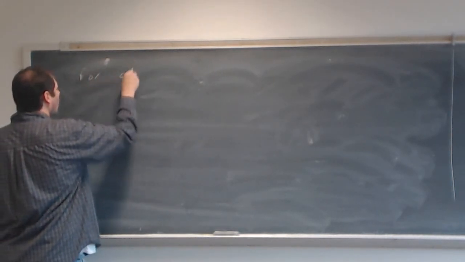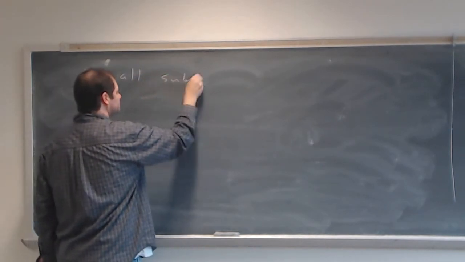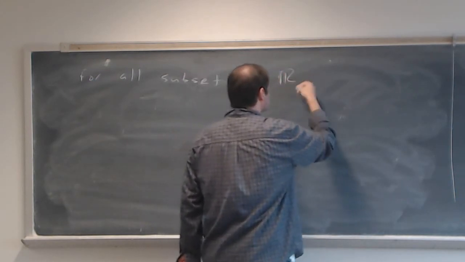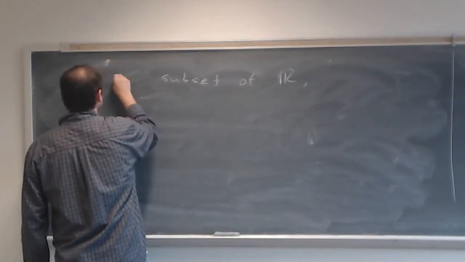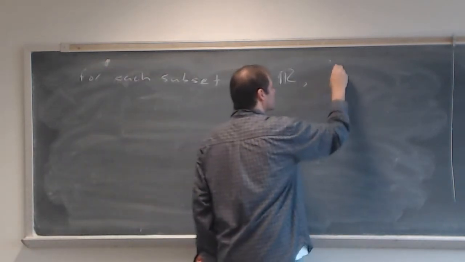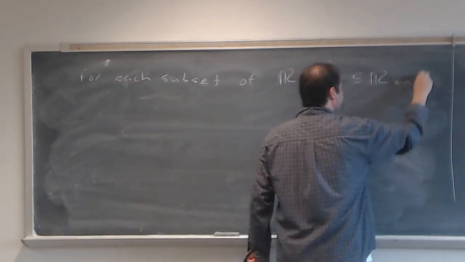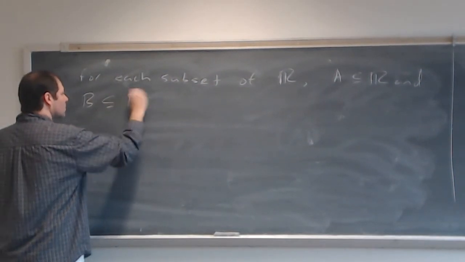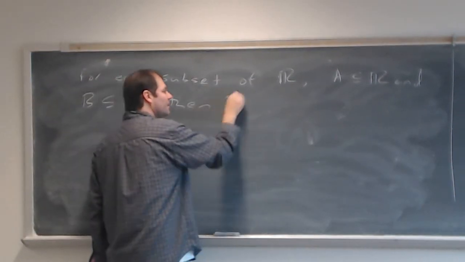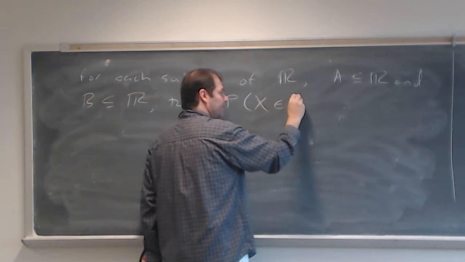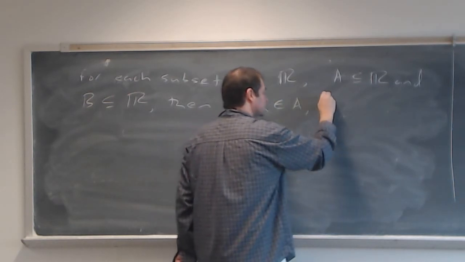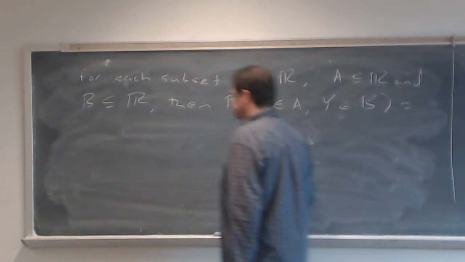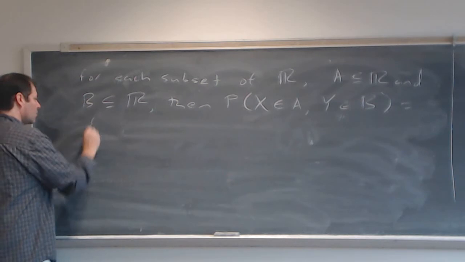for all subsets of R, I'll say for each, A is a subset of R, and B being a subset of R. Then the probability that the random variable X is an element of A, and the probability that Y is an element of B, is equal to, well, instead of a sum here, we're going to use integrals.